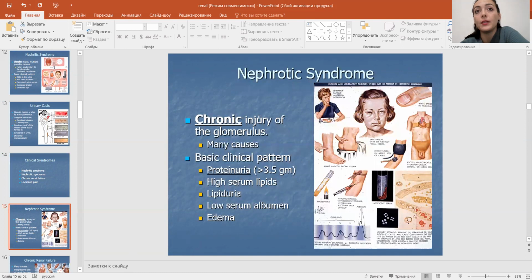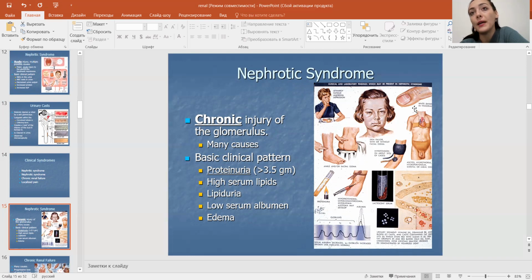Nephrotic syndrome is chronic injury of the glomerulus with many causes. Basic clinical pattern: proteinuria higher than 3.5 grams, high serum lipids, lipiduria, low serum albumin, and edema. You can see edema, skin pallor with or without facial edema.